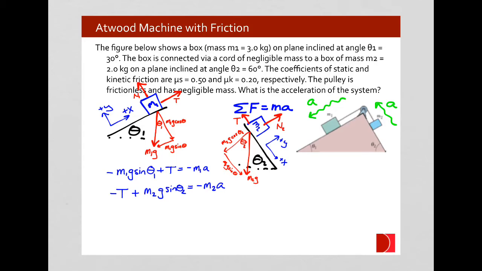What we can do here, as we often do, we're going to add these two equations. The reason why we do that is when we add the two equations, the tension and the negative tension cancel out. That's an internal force that we don't know anything about.